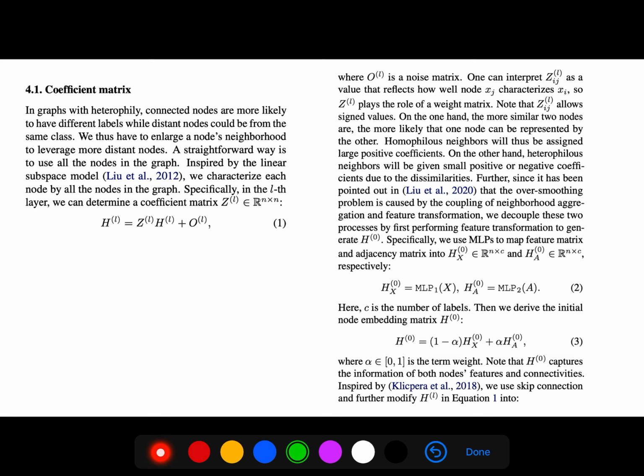So in the l-th layer, we can determine the coefficient matrix Z, where O is the noise matrix. We can interpret Z as a value that reflects how well node x_j characterizes x_i. So Z plays the role of a weight matrix.